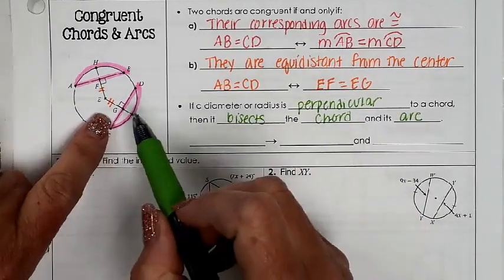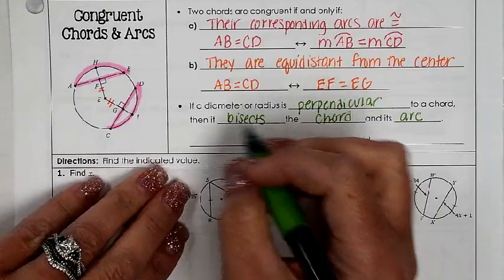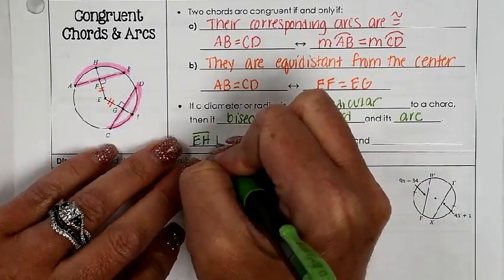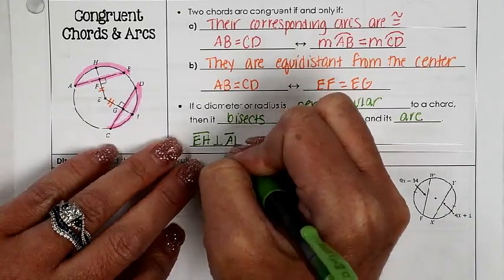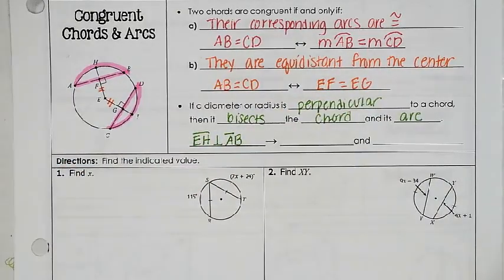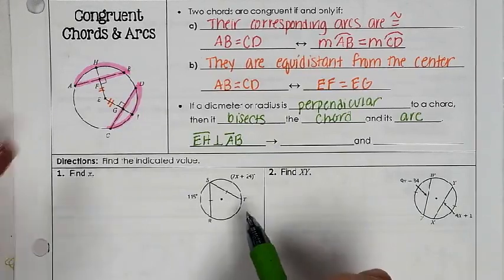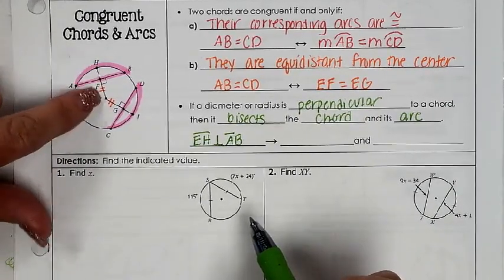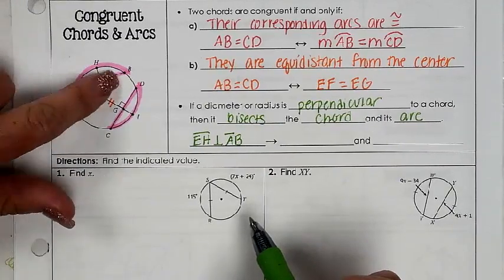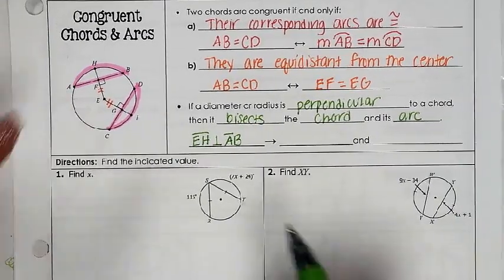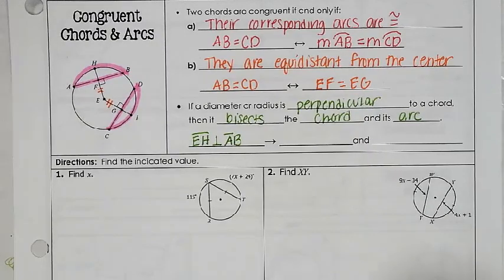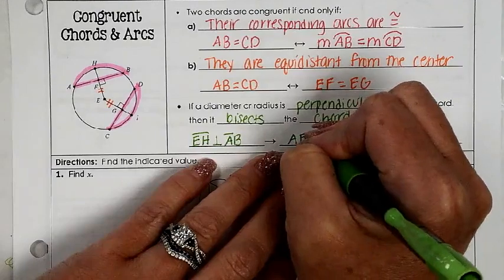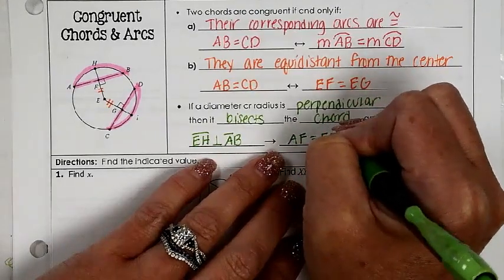So if EH is perpendicular to segment AB, so EH, that radius is perpendicular to the chord AB, then that means that AF is equal to FB.